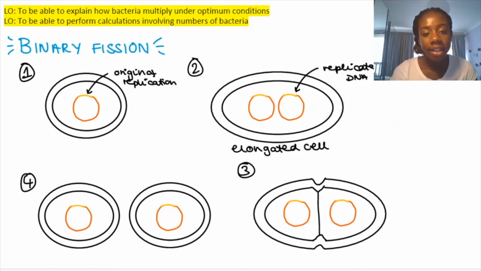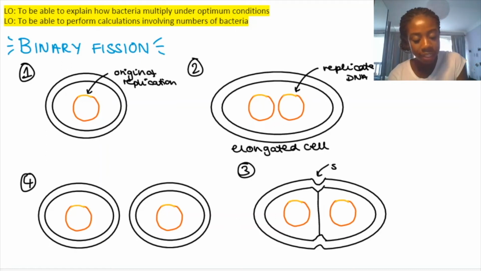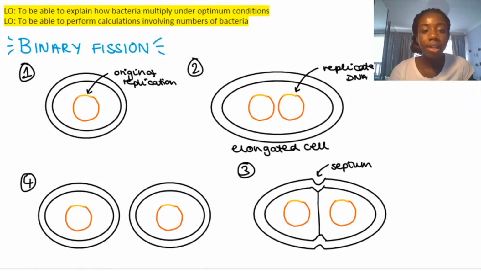In the third stage, we get more towards the division of the actual cell membrane and cell wall. So therefore, we have the formation of a septum in the middle, which starts dividing the original cell into two halves, and the circular DNA moves to each end. So we have the same amount of genetic material in each end of the cell.